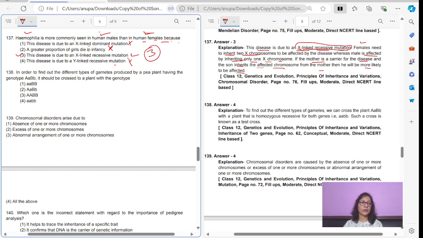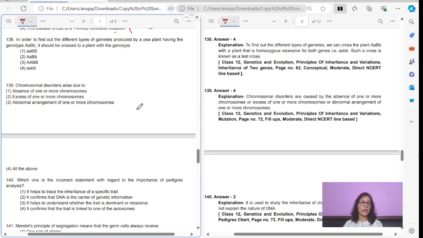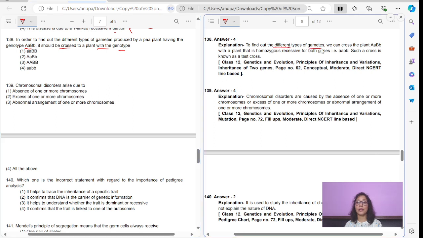Now let's move to the next question, question number 138. Question number 138 states that in order to find out the different types of gametes produced by a pea plant having the genotype AABB, it should be crossed to a plant with the genotype. Whenever we need to find out the different types of gametes, we can cross the plant with a homozygous recessive, that is aabb.